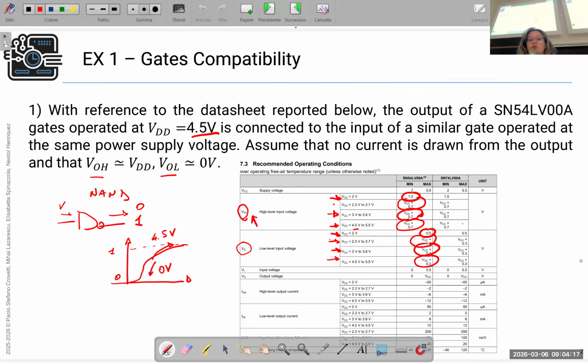If you see the datasheet, you can decide which VCC or VDD to use to make things work. That's exactly what we have done when we proposed the exercise. Okay?